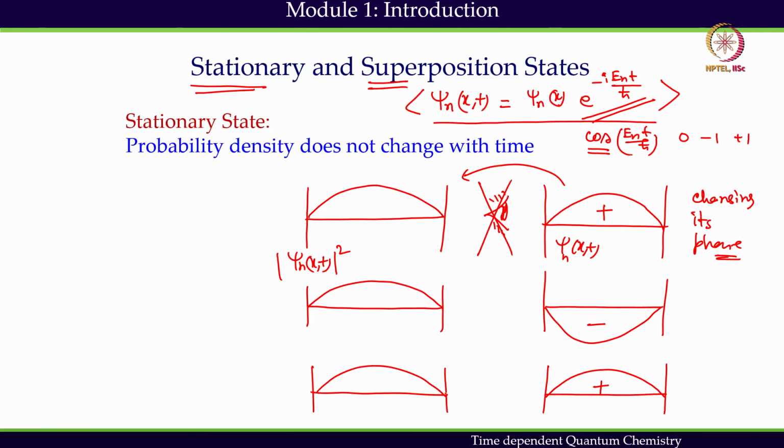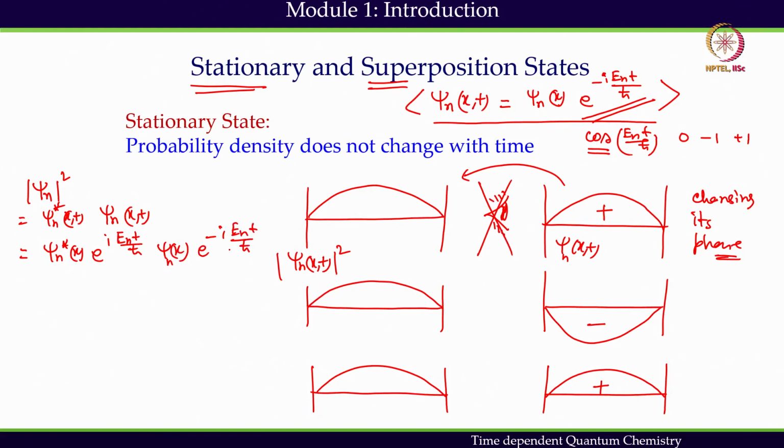It will always be like this. Why? It is because the density is nothing but psi n star psi n of x t, which is psi n star of x e to the power I E n t by h cut, the complex conjugate of that quantity, multiplied by psi n of x e to the power minus I E n t by h cut.